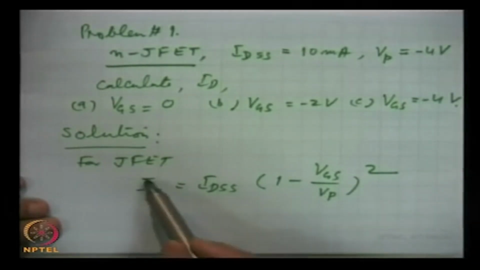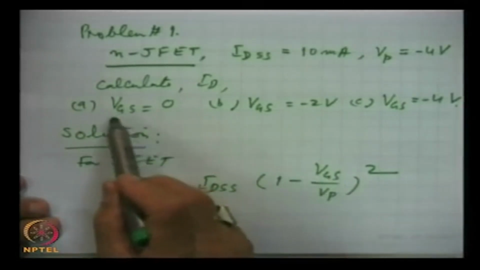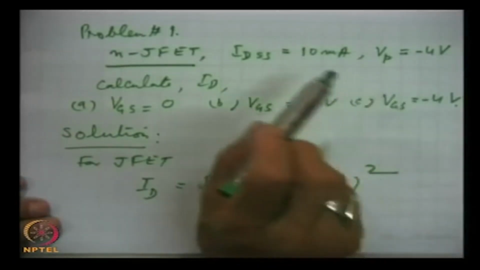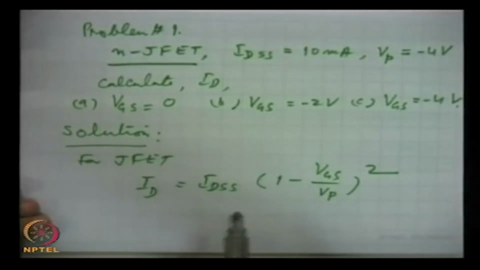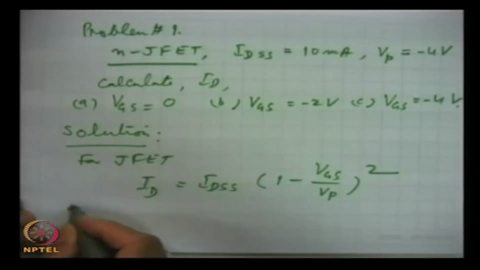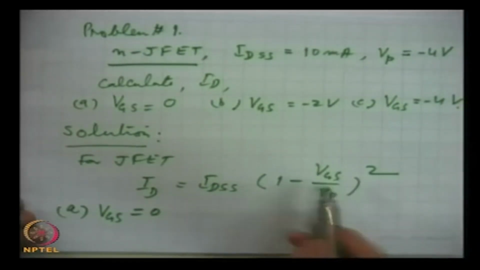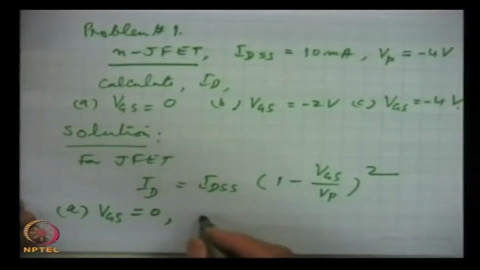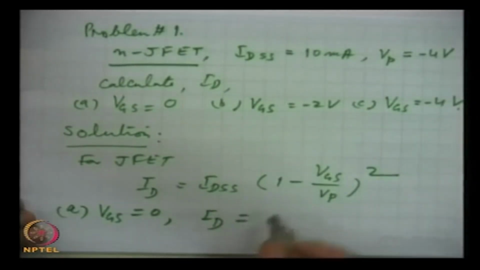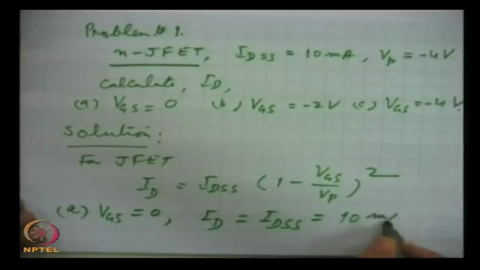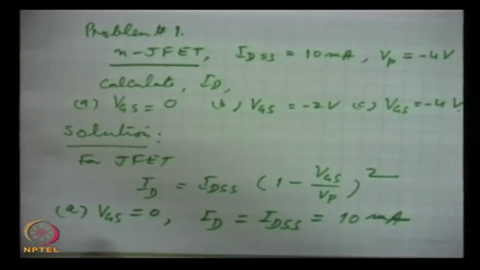We have to find out ID for various gate source voltages, where IDSS is given as 10 milliampere, and let us first see part A when VGS is 0. So, this term is 0 and in this case the drain current is equal to IDSS, which is given as 10 milliampere. This is well understood because the gate source voltage is 0 here.